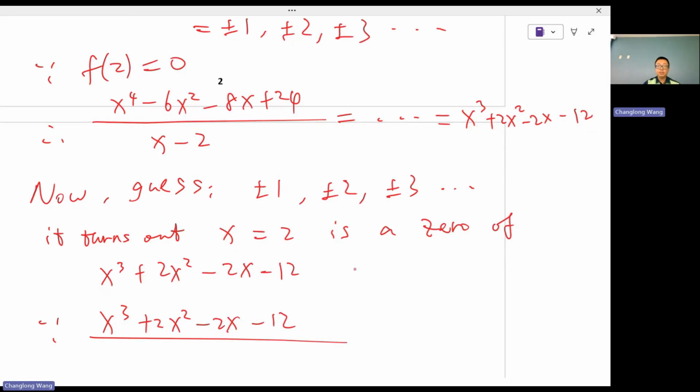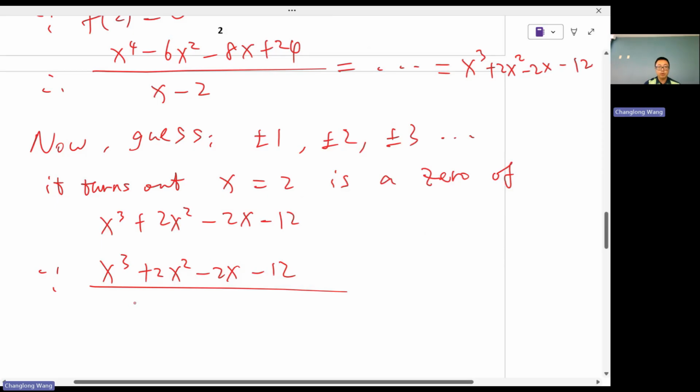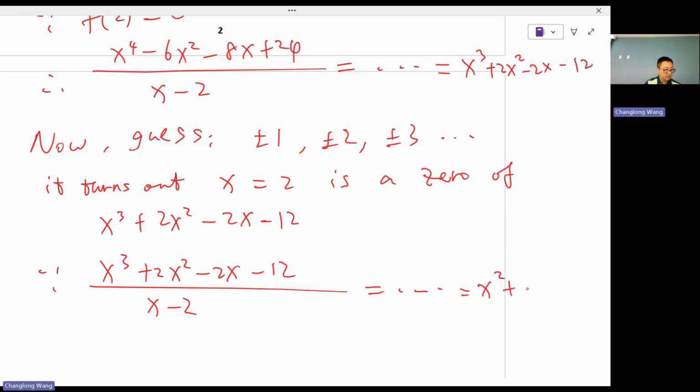Since 2 is still a 0 for this cubic polynomial, you're going to divide it by x minus 2 again, right? And you're guaranteed to reach a quadratic polynomial. All right, so after synthetic division, it turns out to be x squared plus 4x plus 6 equal to 0.